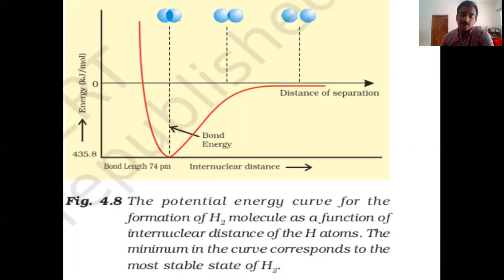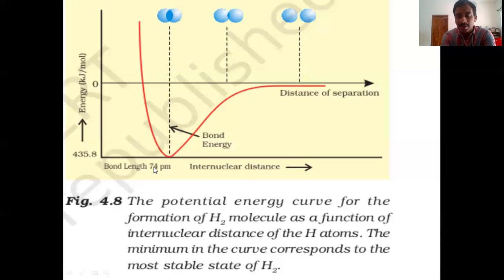If you try to decrease the distance to less than this particular internuclear distance, the system goes to an unstable state, as the energy of the system increases suddenly. Here this distance between the nuclei is known as the bond length. In the case of the hydrogen molecule, the bond length is 74 picometer.